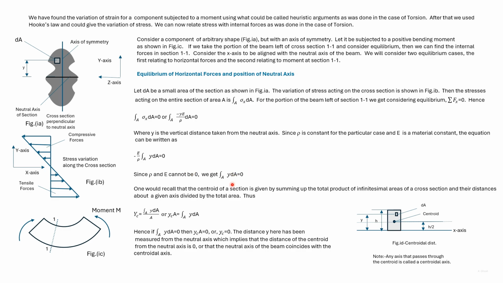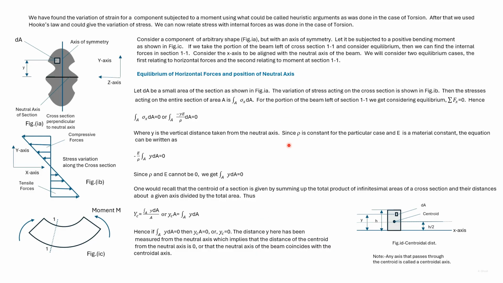In the case that we are dealing with, we have found that integration y dA is 0, which means yc into A is equal to 0. Since A cannot be 0, that means yc, the centroidal distance, is 0.